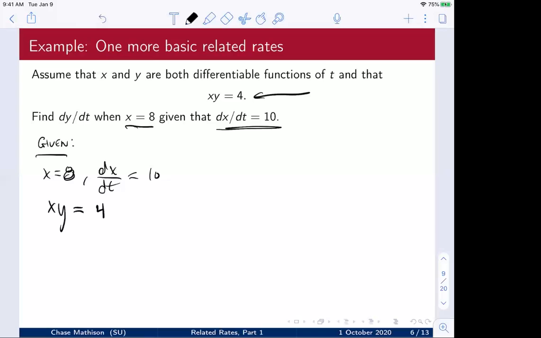And what do we want to find? Exactly, dy dt, in particular when x is equal to 8. Okay.